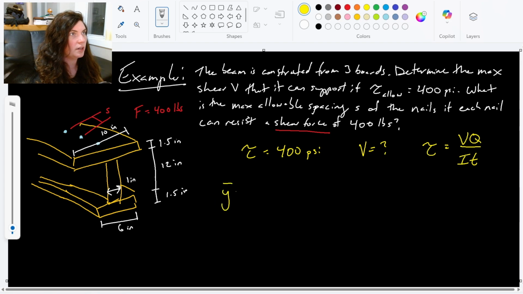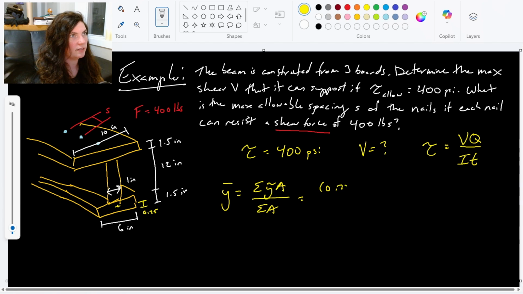Our centroid is sum y tilde A over sum of areas, and doing that for each cross section or each rectangular area here. So I'm going to start from the bottom and work my way up. So the centroid of our bottom shape here, it's halfway through the 1.5, so this is 0.75.